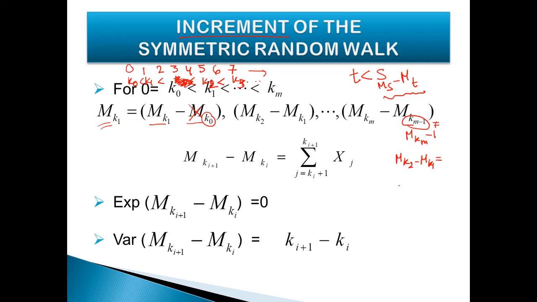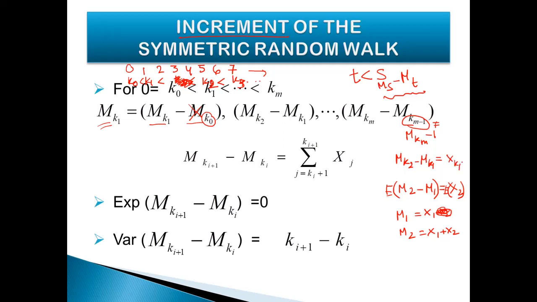Or even easier, if we consider m2 minus m1, what do we get? m1 is only x0 plus x1, so it's only x1, and then m2 is x1 plus x2, so m2 minus m1 will be only x2, right? So if we take the expectation of m2 minus m1, it's just the expectation of x2, right?